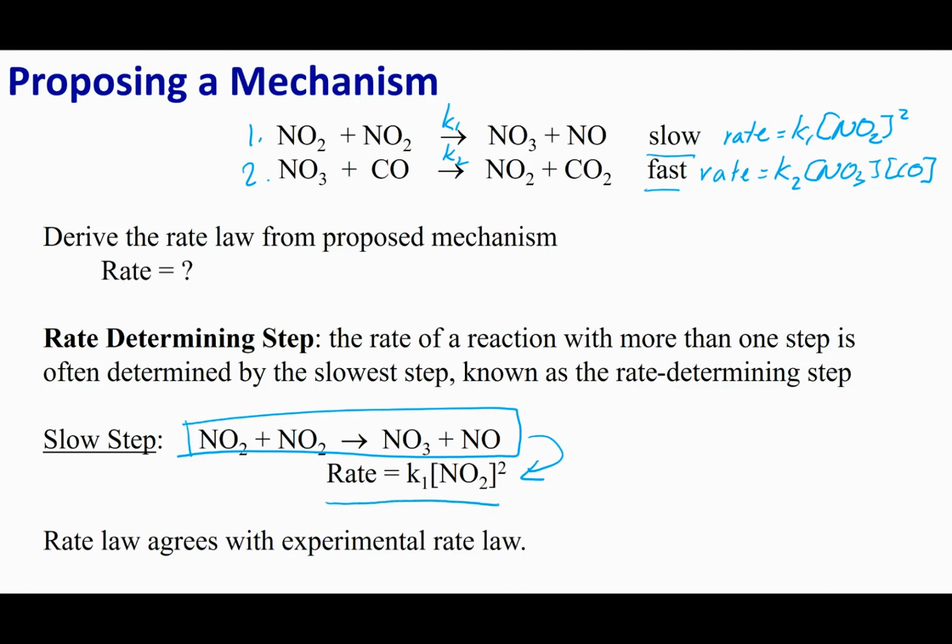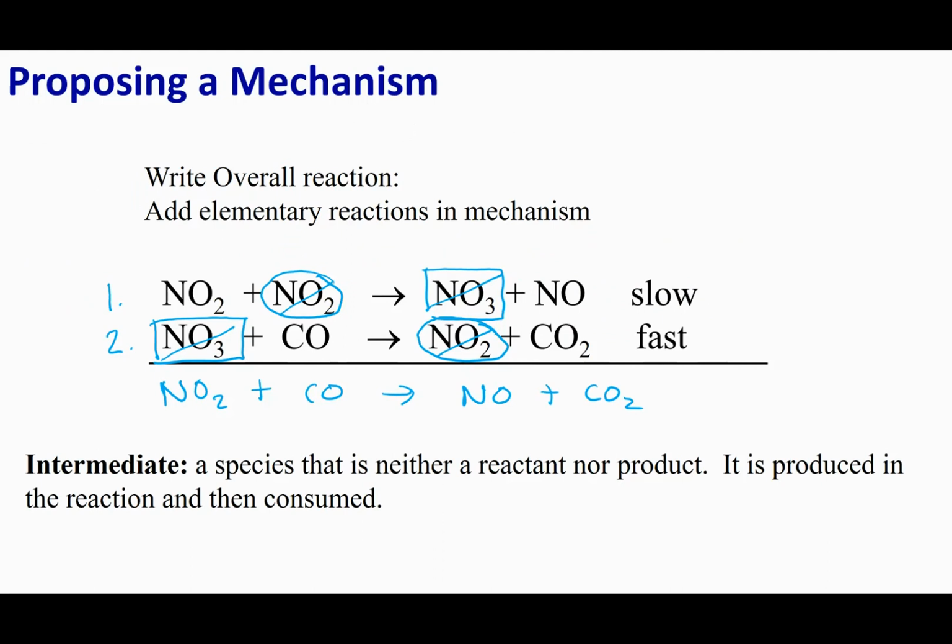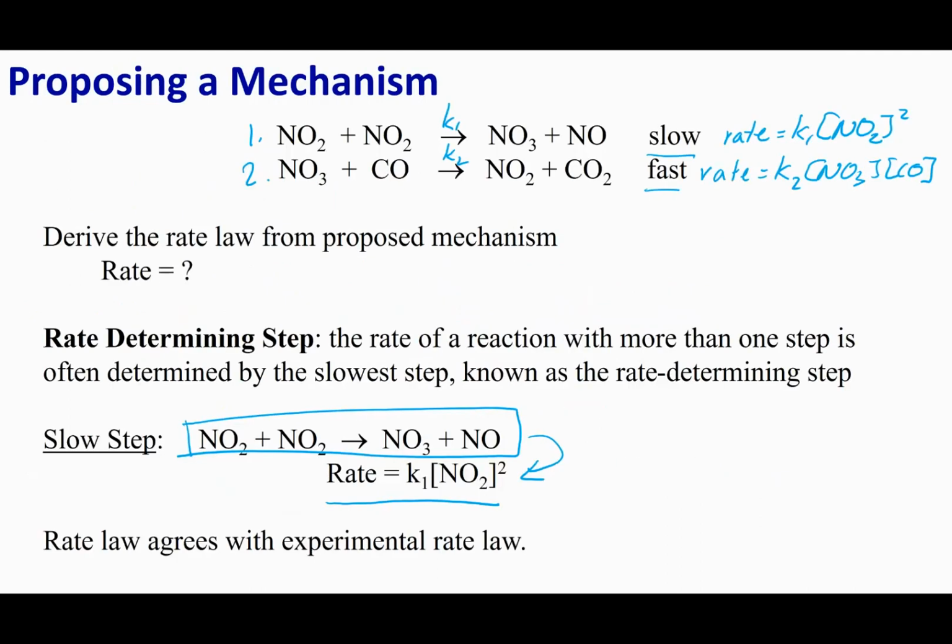So in this case, for this mechanism, the rate law would be rate equals K1 NO2 squared. Now you will see that this matches what we got experimentally. So that means now I have a valid proposal. It matches the overall reaction, and my rate law, based off of the mechanism I proposed, matches the experimental rate law. So this now is a proper mechanism.